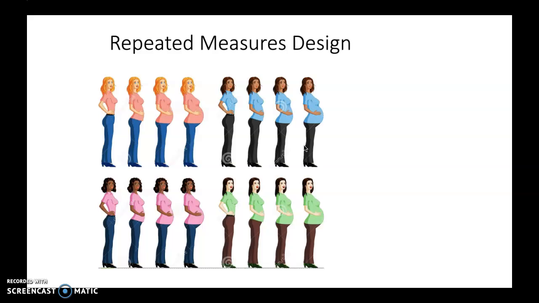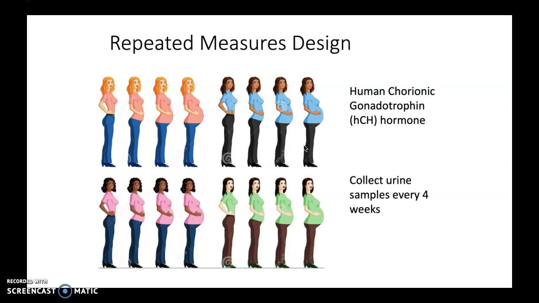So each observation is going to be influenced by the previous observation. We might employ something called a repeated measures design. Here, we have the hormone levels collected in urine samples every 4 weeks throughout a woman's pregnancy.